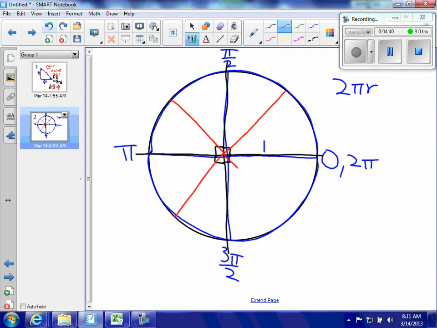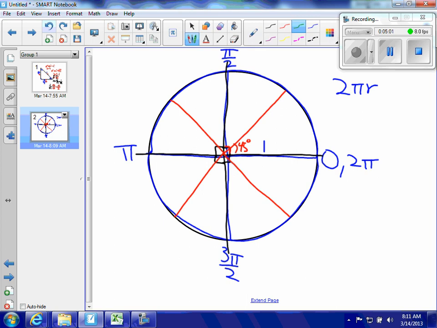And so if that right angle right there is 90 degrees, that means this is a 45-degree angle.